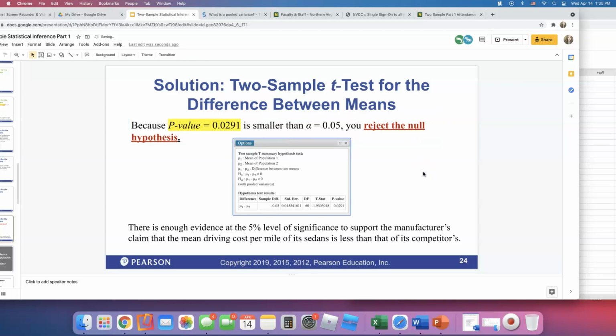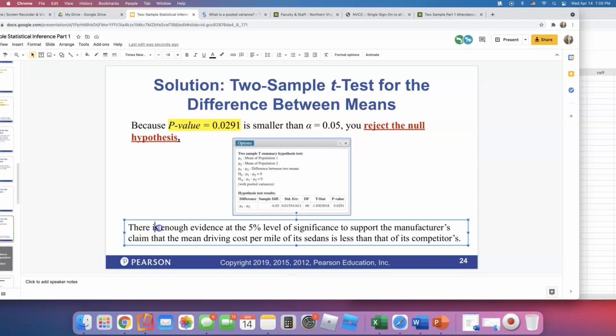Now, the null was assuming that they were the same. We reject that they are the same. We move on to the alternative that they are different. In fact, we get to actually believe what they were saying. So take a look, I'm so happy. We have enough evidence, and that evidence is that small p-value. I'll underline this: there is enough evidence at the 5% level, not at 1% because 3% is bigger than 1%, but at least 3% was smaller than 5%.